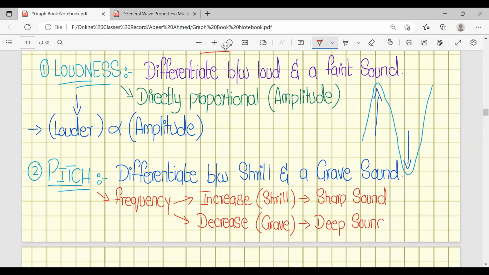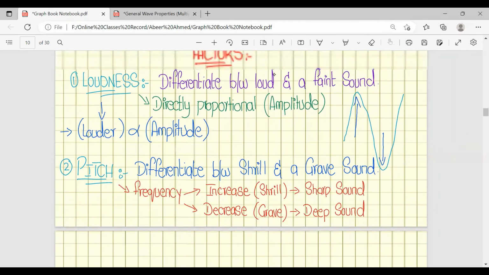So this is another factor linked with the frequency of a wave. A greater number of waves in 1 second makes a shrill sound, and a smaller number of waves in 1 second makes a grave sound. Any confusion? No. Okay.